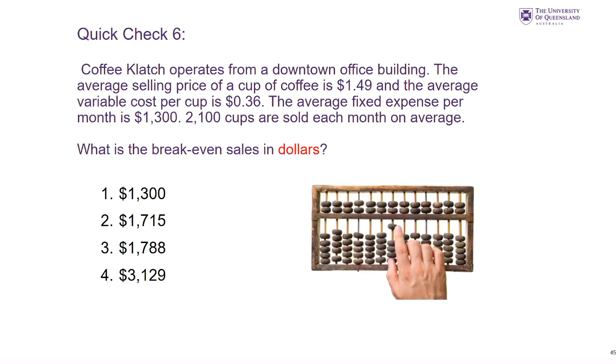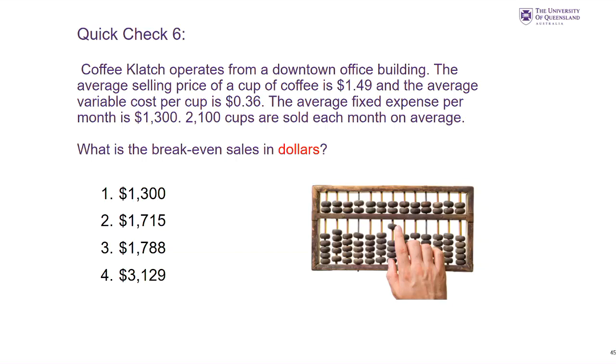Okay, now we just want to know, with the same information, what's your break-even sales in dollars? This is quite a simple thing to do. We knew it was 1,151 units that we had to sell. How do we get the break-even sales in dollars? We can either use the contribution margin ratio or there's a simpler method.